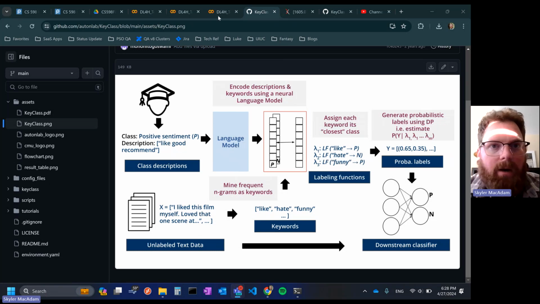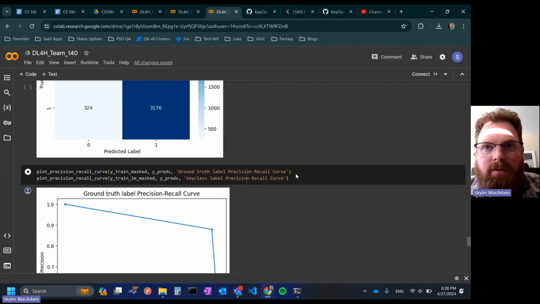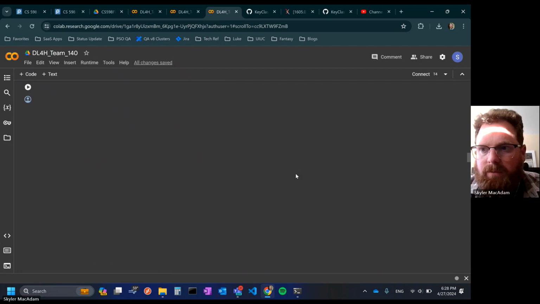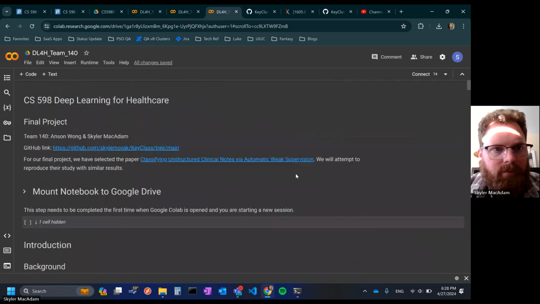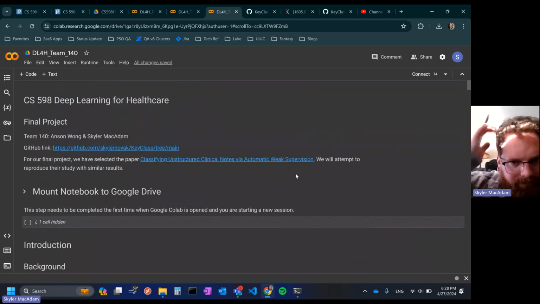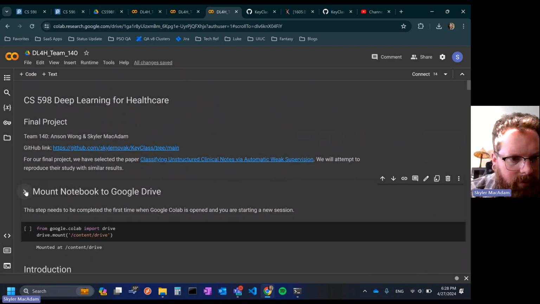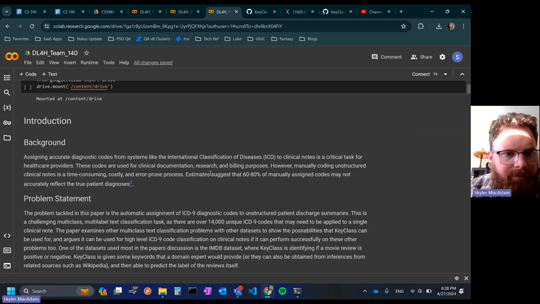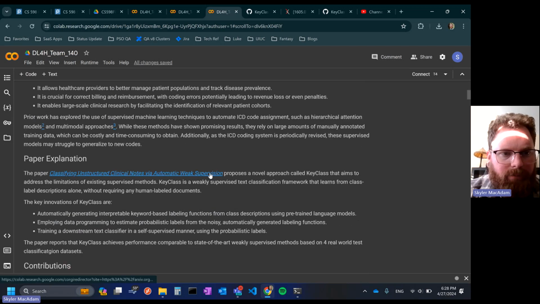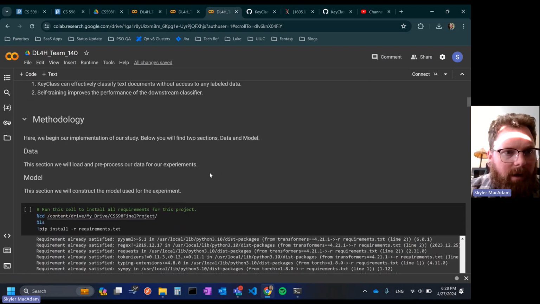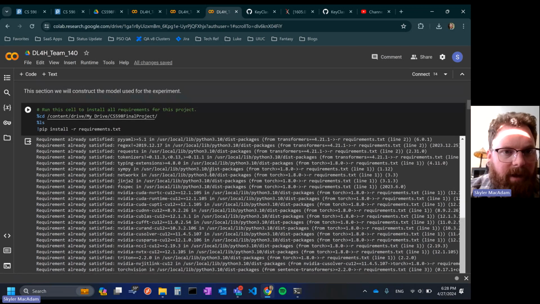So I'll show you our work in the notebooks. Here we go. This is our primary notebook, an introduction to the problem with some more information about the data.